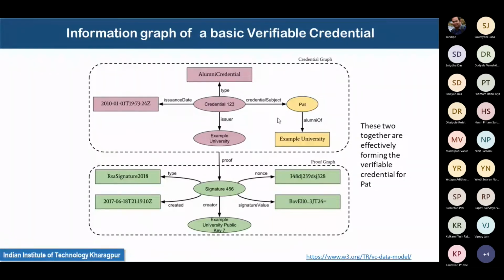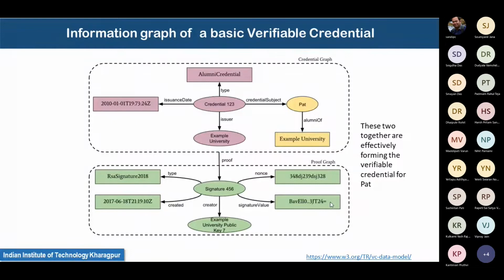What it would mean is that there is this signature 456, which is basically Example University's public key. So it would be the public key of the university, and then it will say what type of public key you are using, say it is an RSA signature, and then the value of the signature. So after it has been digitally signed, the VC has been digitally signed by the issuer.